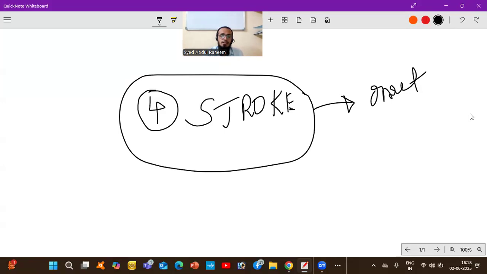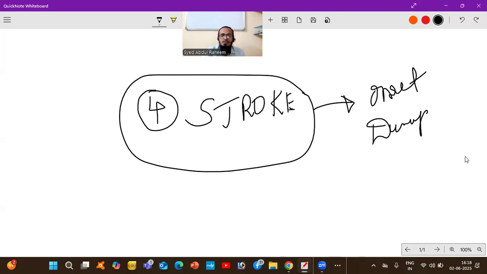Sudden onset which leads to irreversible damage, sometimes irreversible neurological deficit. Sudden onset of irreversible neurological deficit. So this is nothing but stroke.